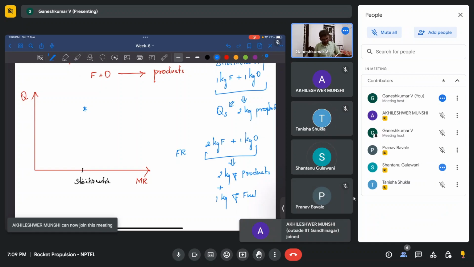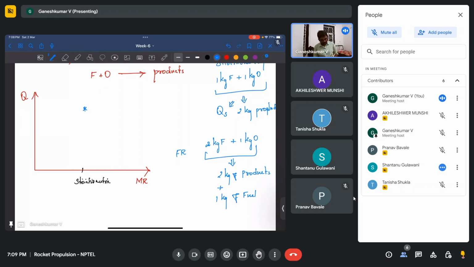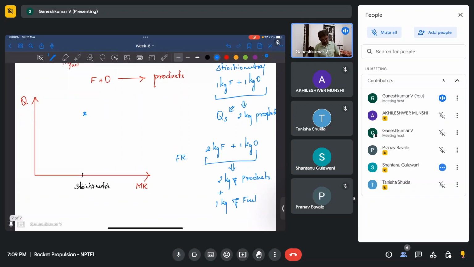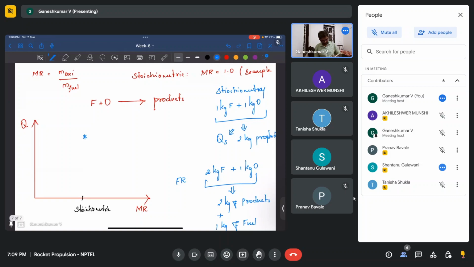So that was one of the reasons. If this is the stoichiometry, fuel rich would be on this side, right? So fuel rich would always have lesser Q heat release.